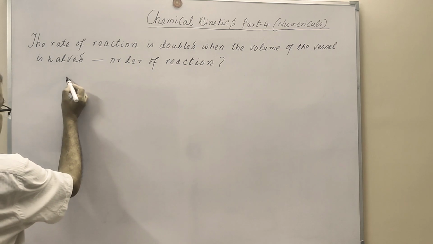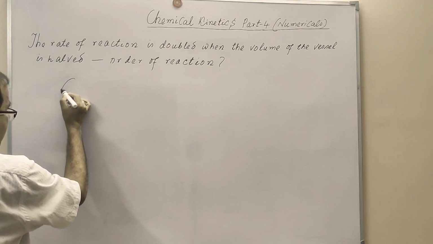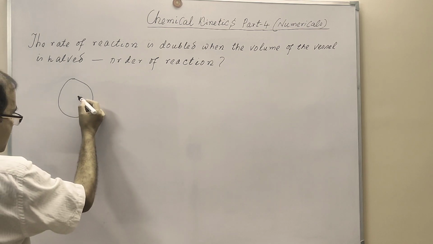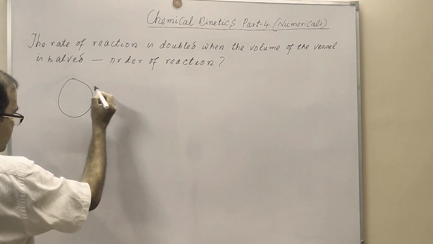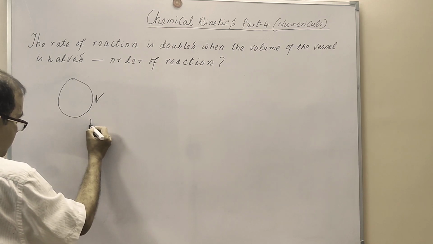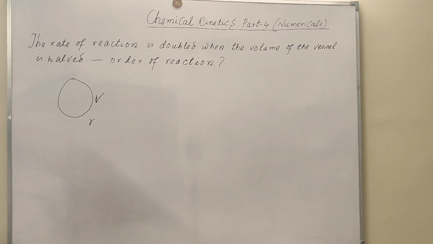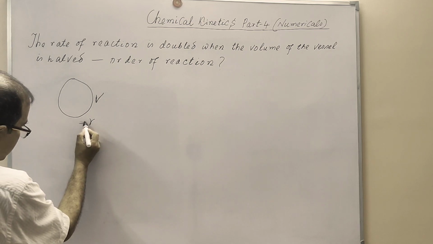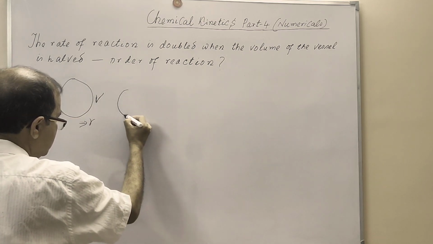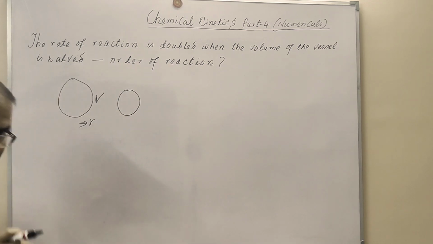Suppose originally the volume of the vessel is V and its rate of reaction is R. This is rate of reaction and this is volume. Now this volume is halved.